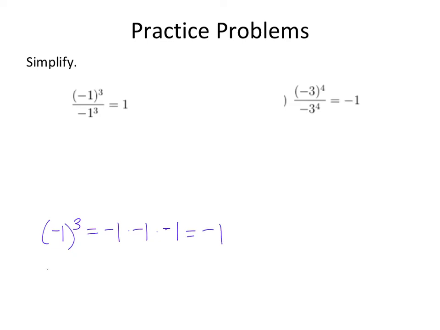On the other hand, if I was to have negative 1 raised to 4, an even number, negative 1 times negative 1 times negative 1 times negative 1, they would essentially cancel out because negative times negative is positive, times negative is negative, times negative is positive. So if you had an even number of negatives multiplied, it would turn positive. So that would be positive 1. So negative raised to an odd number is negative, negative raised to an even number is positive.